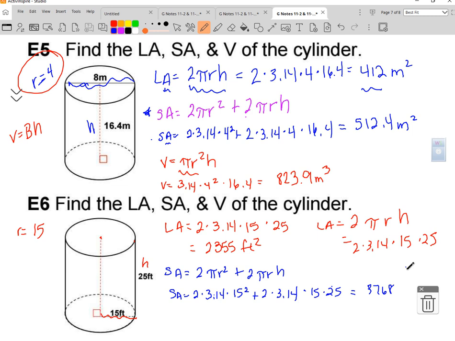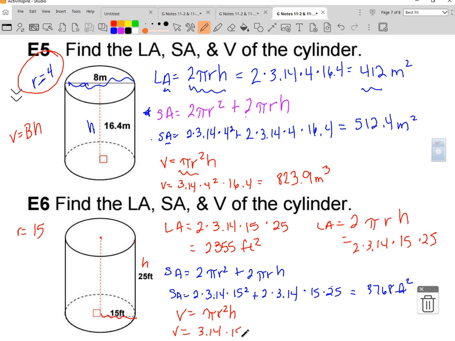Okay. Alright, and what's the unit of measure here? Feet squared, that's right. Alright, and last but not least, volume is the easiest one. Pi r squared h, pi r squared h, plug in 3.14 for pi.